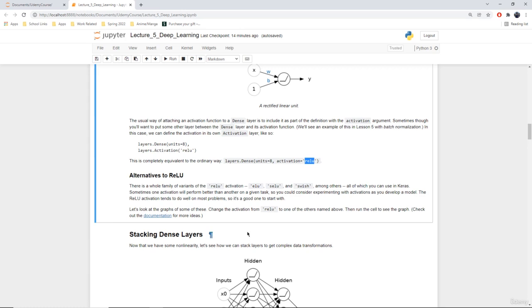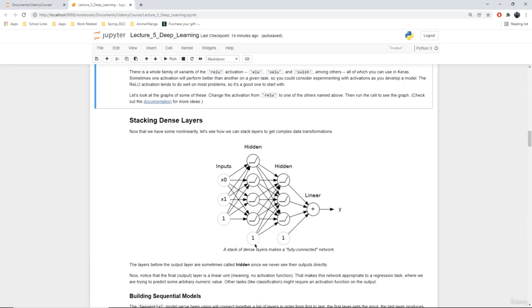There are other activation functions that we might want to use, even ones very similar to ReLU, like ELU, SELU, swish. Some other activation functions include sigmoid and tanh. You can look those up and do some more research on your own as to exactly what those are. But today we're going to be using the ReLU activation function for our lecture's purposes.